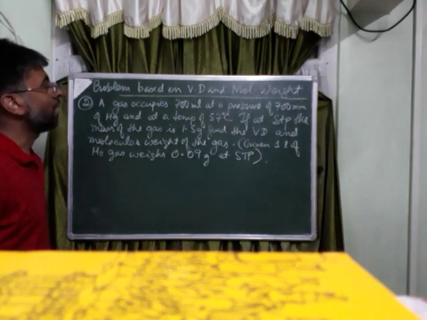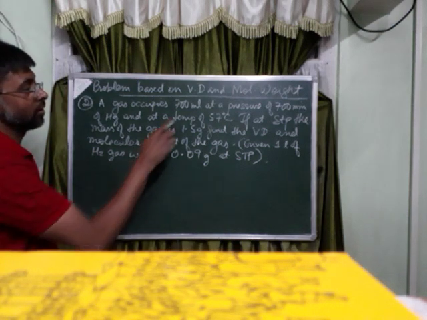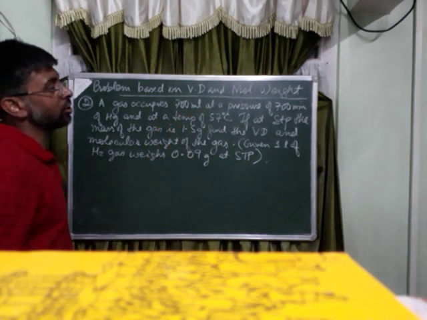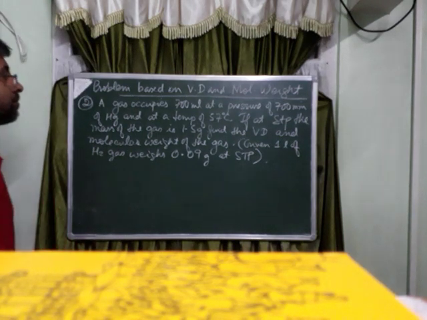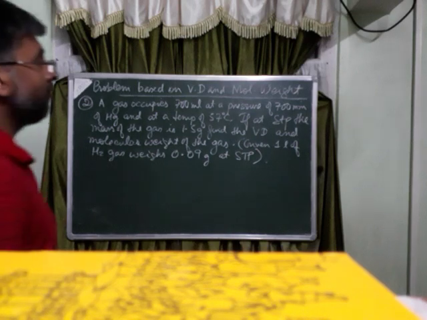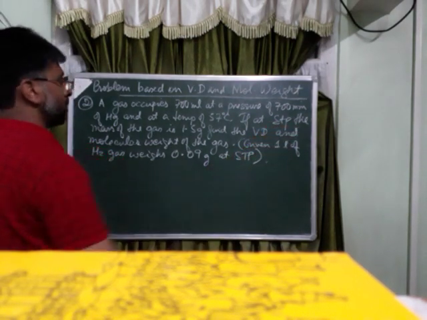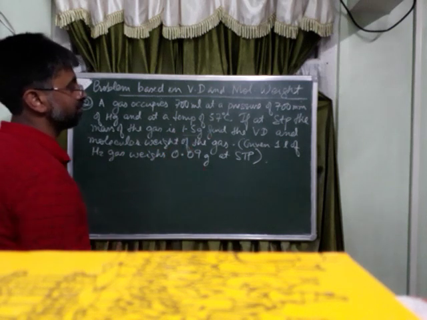A gas occupies a volume of 700 milliliter at a pressure of 700 millimeter of mercury and at a temperature of 57 degrees Celsius. At STP, standard temperature and pressure, the mass of the gas is 1.5 grams.